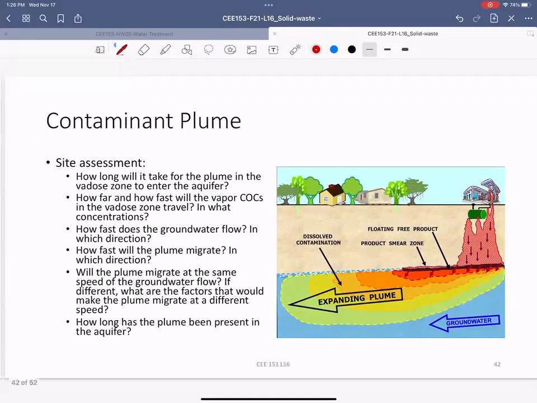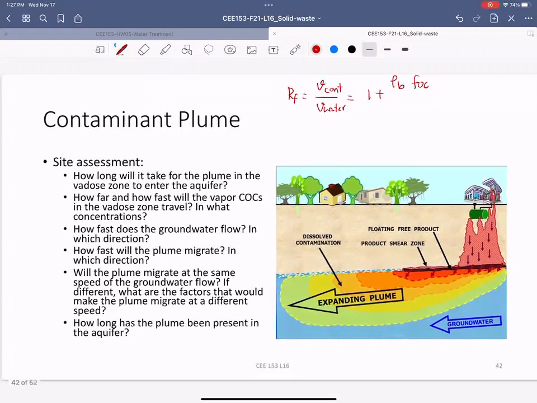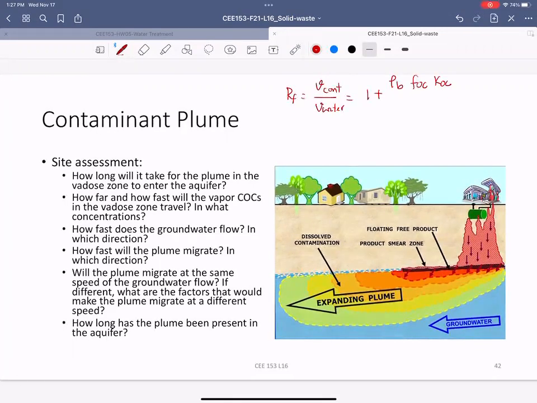So that means you have to know the concept of retardation factor, which is the velocity of water over the velocity of contaminant, which is 1 plus bulk density of soil times fraction of organic carbon times KOC, divided by porosity.